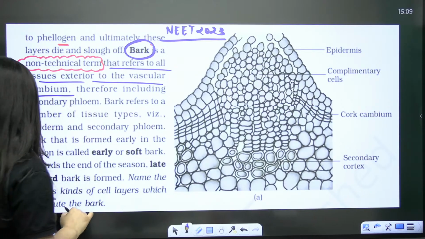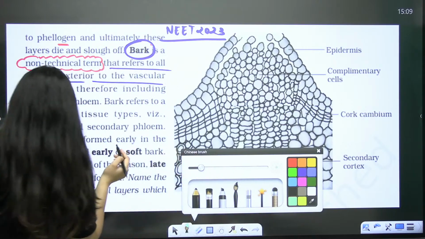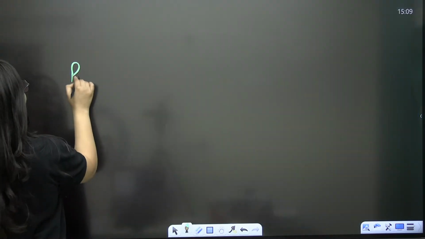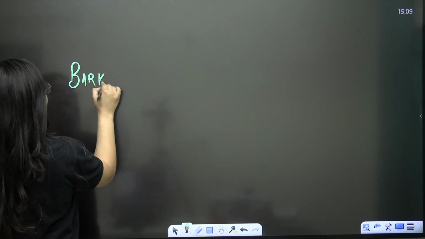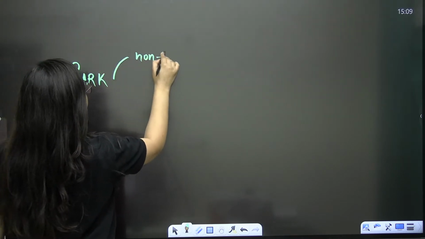So what will be there in the bark? Please make the notes. First of all, bark is a non-technical term.